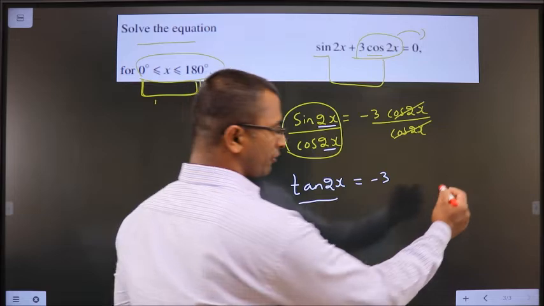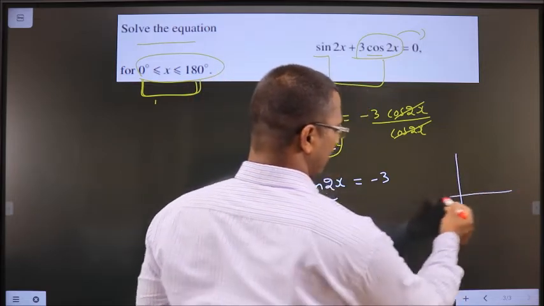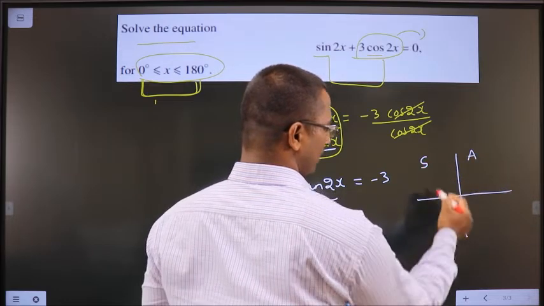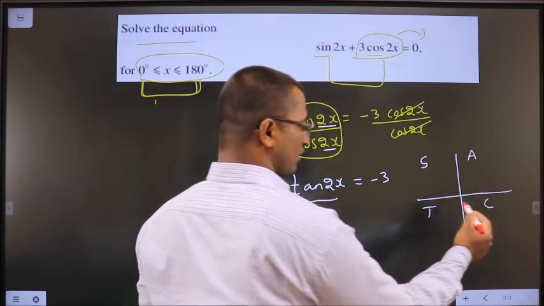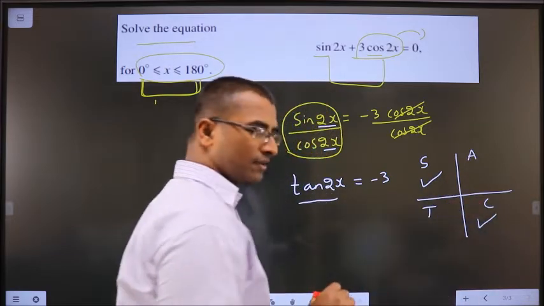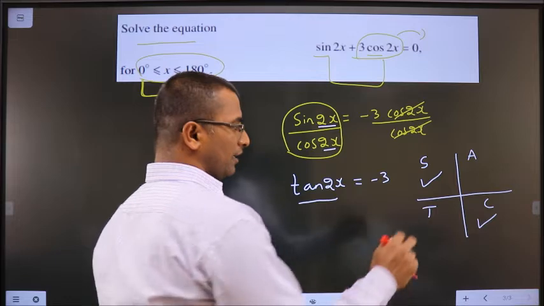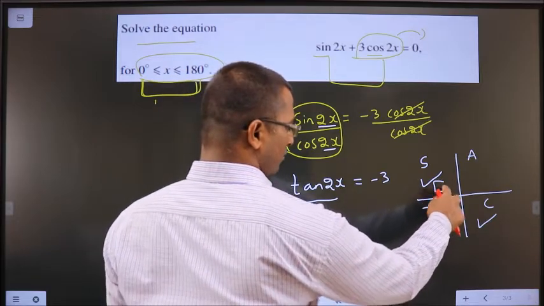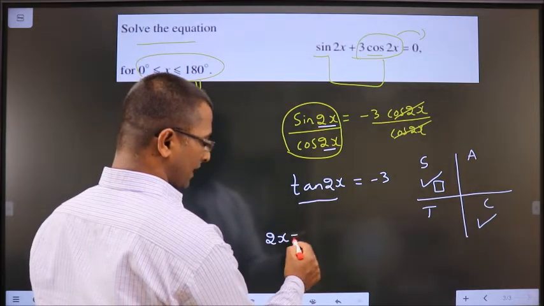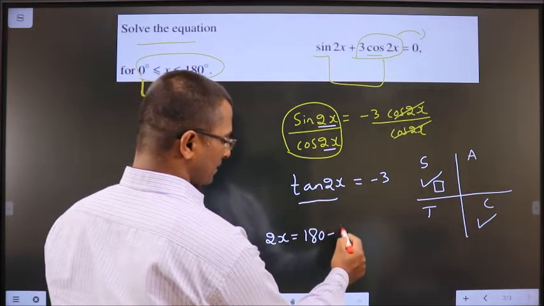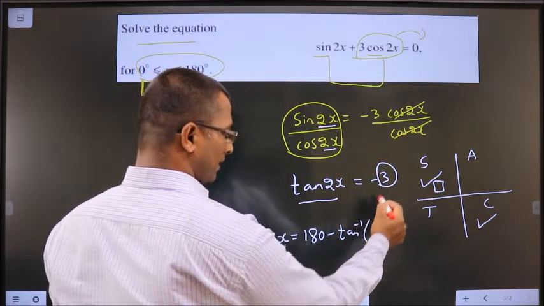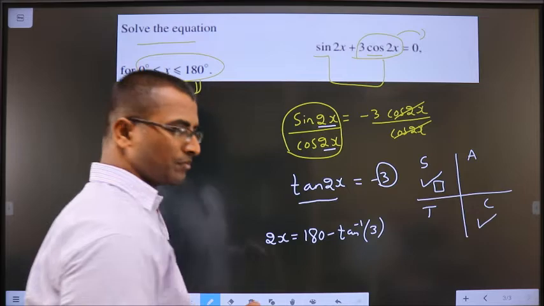Now tan we got negative. So out of the four quadrants, where is tan negative? It's All Silver Tea Cups. So tan is negative over here and in this quadrant. Now to get an angle in this quadrant, I need to do 180 minus. So 2x equal to 180 minus tan inverse of only this number, not with the sign.